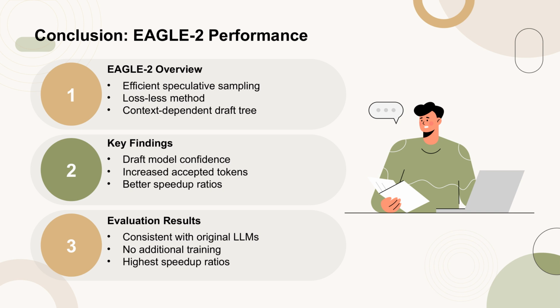EAGLE-2 ensures that the generated results are consistent with the original large language models, LLMs, and does not require additional training. The authors conducted extensive evaluations using various LLMs across multiple datasets and compared EAGLE-2 with several state-of-the-art speculative sampling methods. In all their experiments, EAGLE-2 achieved the highest speedup ratios.